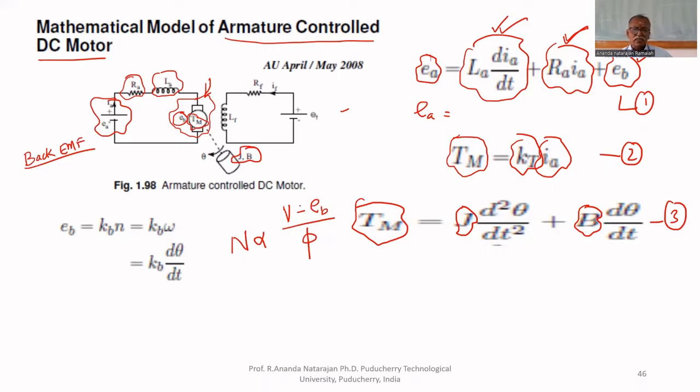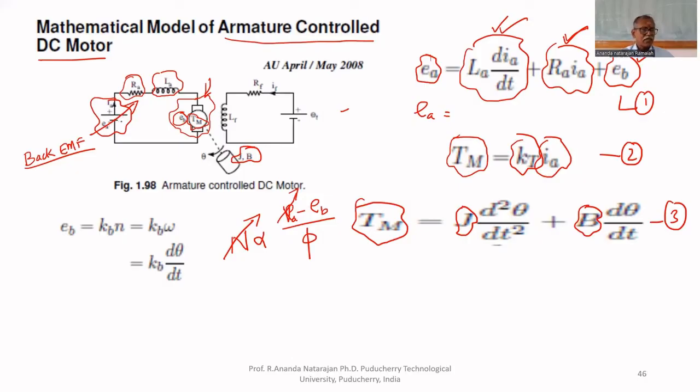So any change in the applied voltage, that is VA or EA, we can say, if you change this EA, there will be a directly proportional change in speed. If you want to control the speed of this motor, simply adjust this applied voltage.